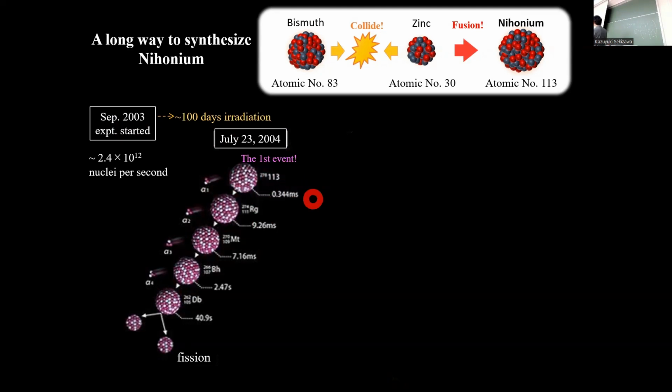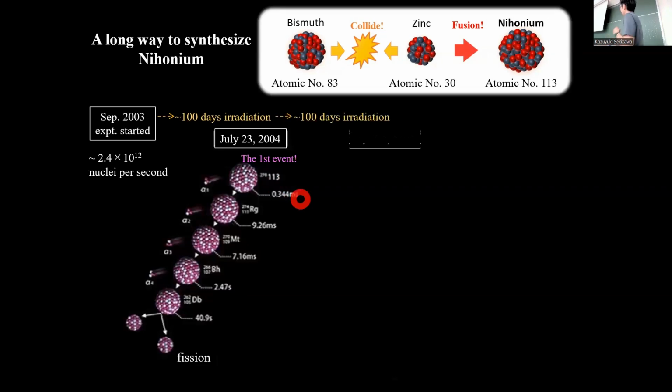But after 0.3 milliseconds, it decays by alpha emissions, and in the end it ends up with fission. So by detecting all the alpha particles and this fission product, experimentalists try to show that the nucleus formed after the reaction is really nihonium.